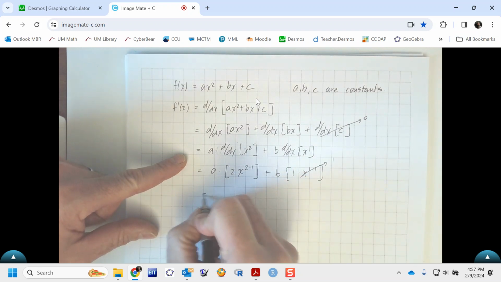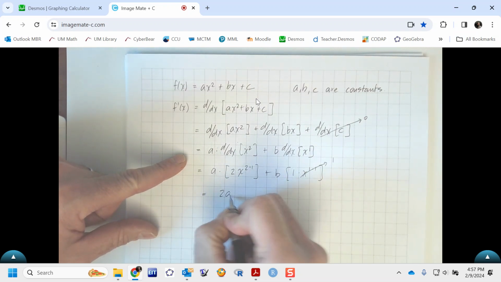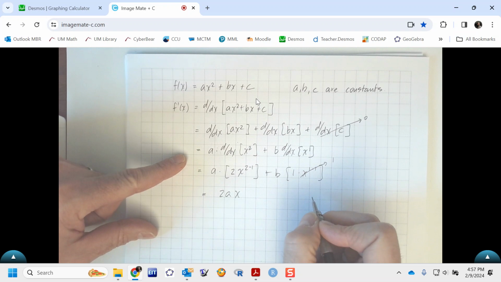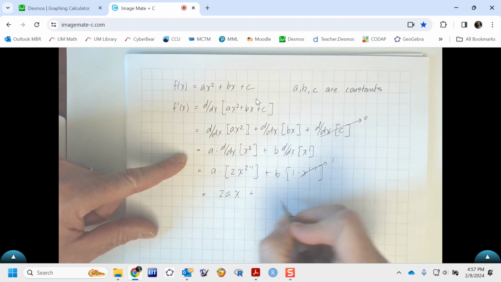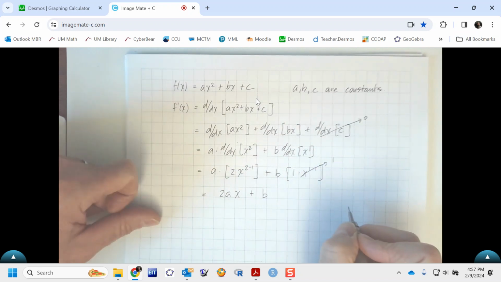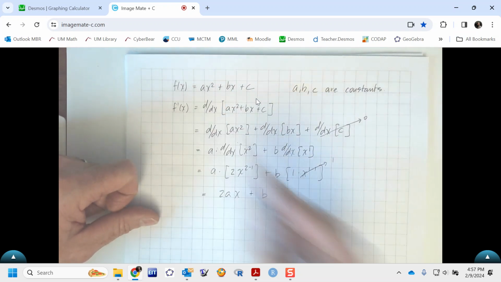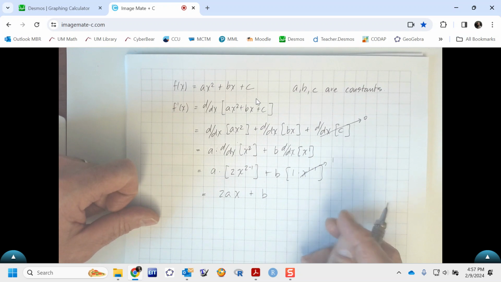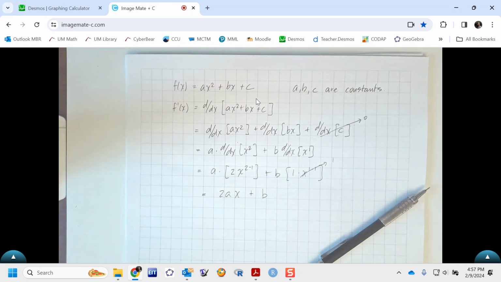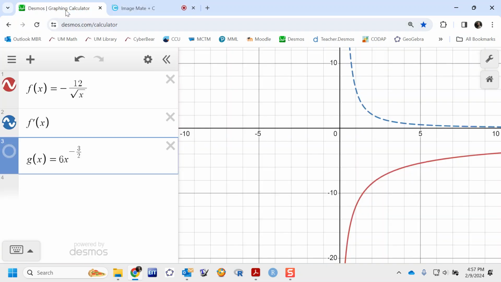So we end up with just 2ax plus b. So that line, 2ax plus b, is the derivative to any one of these quadratic functions. So let's go and play around with this in Desmos to see what we have discovered.